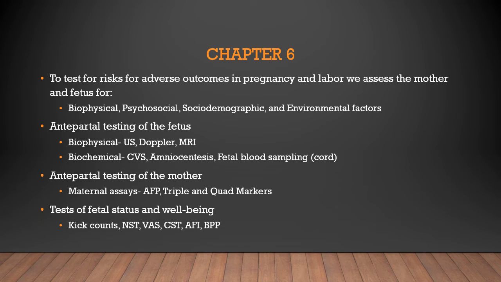So you'll see an increase in alpha-fetoprotein for them. With children who have Down syndrome, like trisomy 21, they actually don't secrete as many AFPs, and so you'll see a decrease in AFP. The triple and quad markers look at AFP, HCG, estriol, inhibin A, neural tube defects, and trisomy 21.